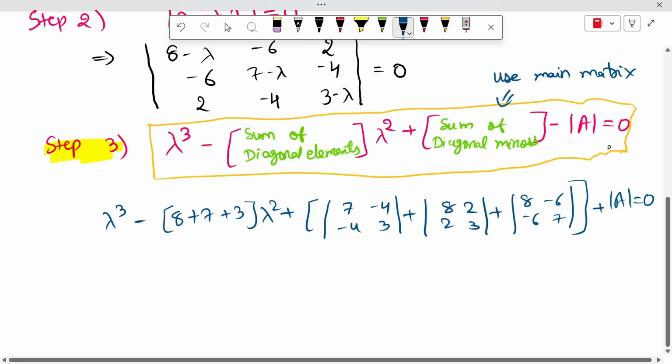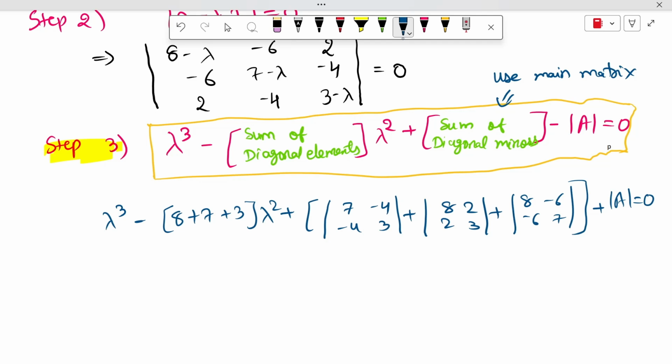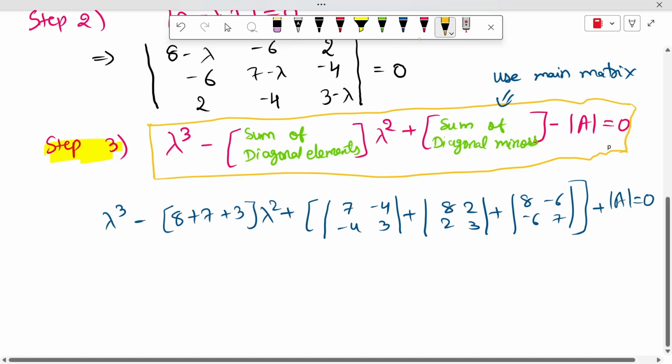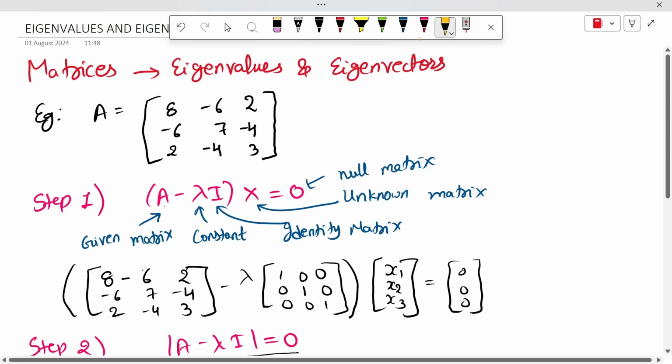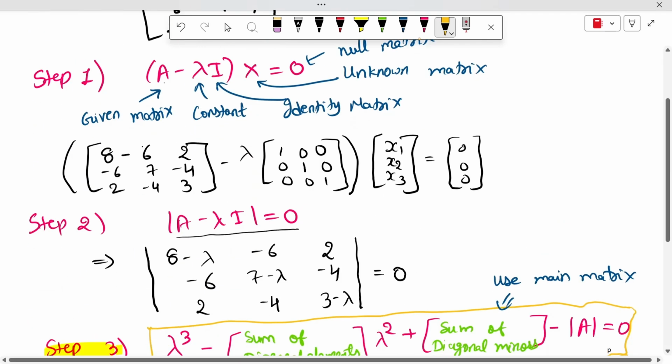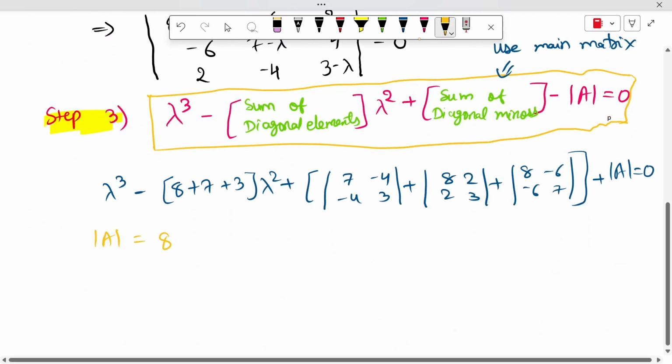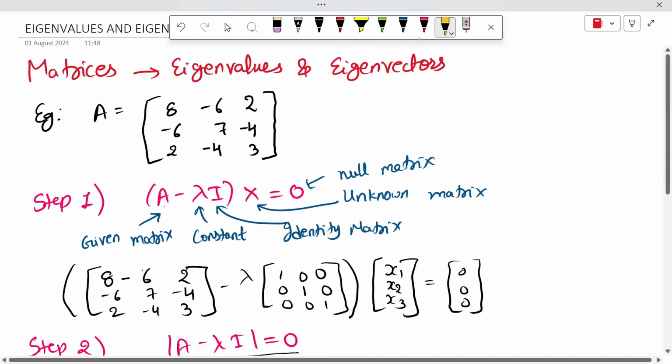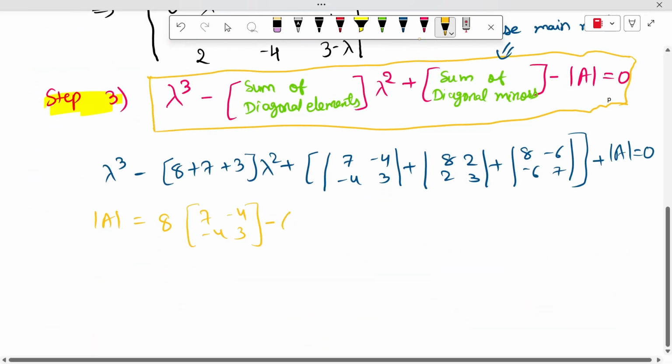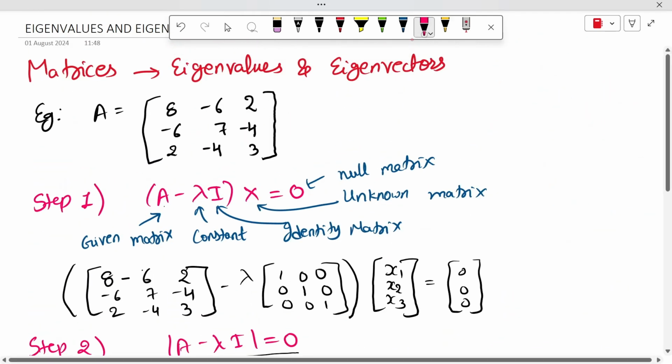So side by side let's find the determinant also, so that we can put it in. Determinant of A is equal to 8 into this thing, so it will be 8 into (7 minus 4, minus 4 3). The second term will be negative: minus 6 into the determinant of this.